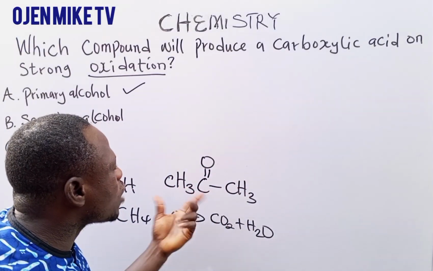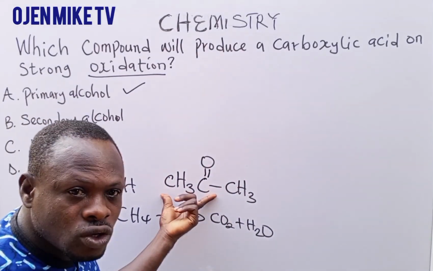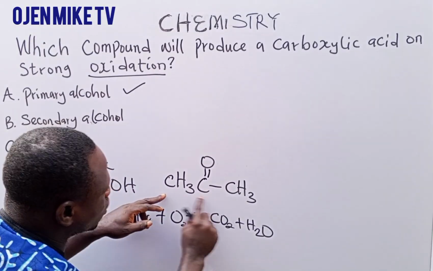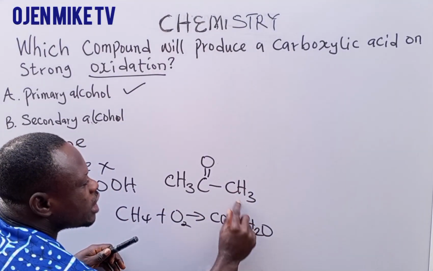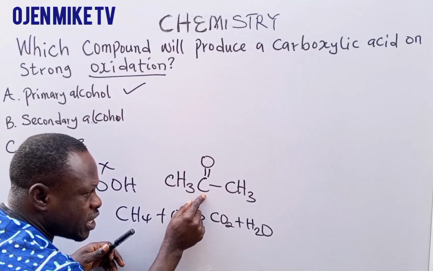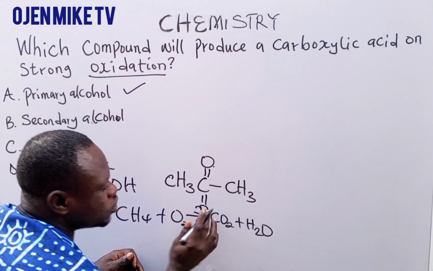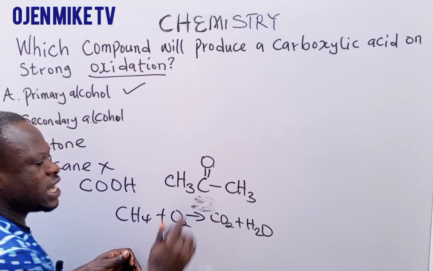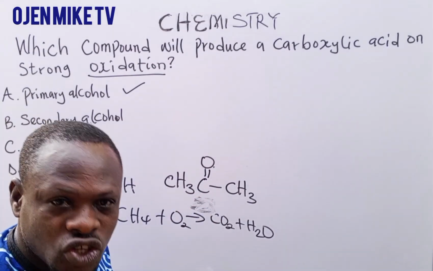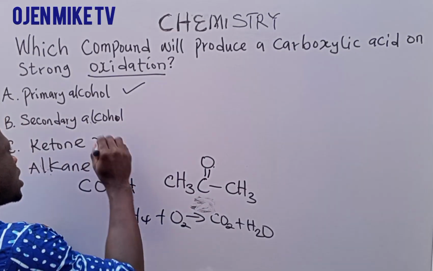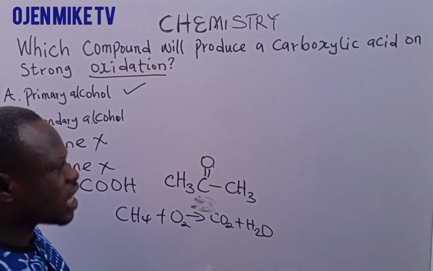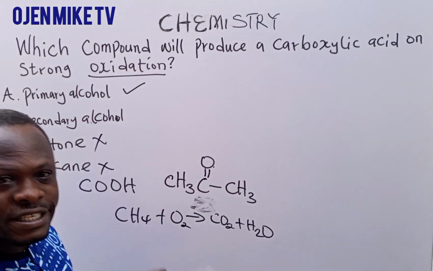It cannot undergo further oxidation. There is no single hydrogen that we can remove from here, and we cannot add another oxygen here. There's no chemical reaction like that. So ketone is out.